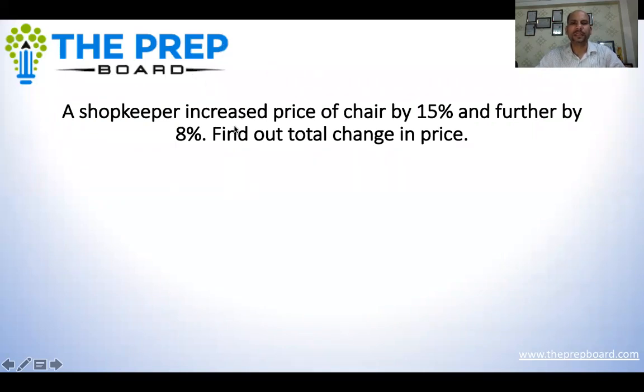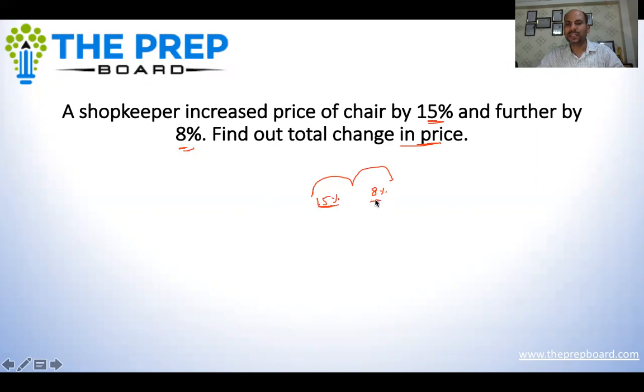Here is the question. A shopkeeper increased the price of a chair by 15% and further by 8%. Find out the total change in price. So first he increased the price by 15% and then by 8%. So what is the total change? You can see here are the two changes: the first change is 15% and the second change is 8%.